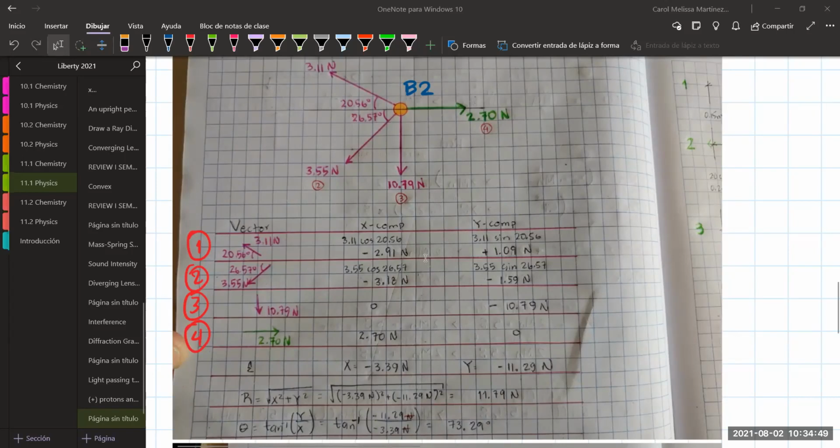Now, I will focus on the last force. The last force, as you can see, is this one. It's going to the right, and it's 2.70 Newton. So, I draw it here. And it's just moving horizontally.